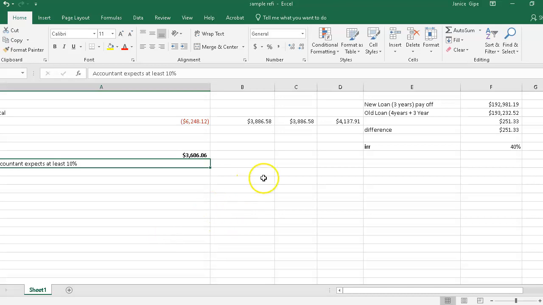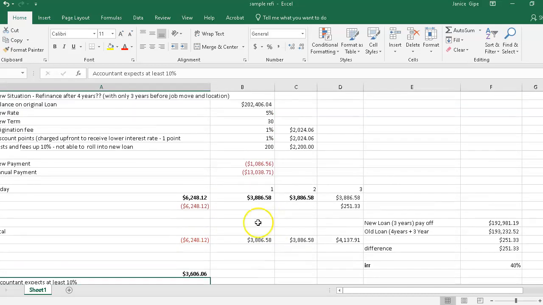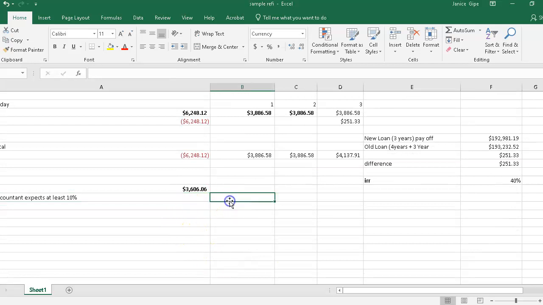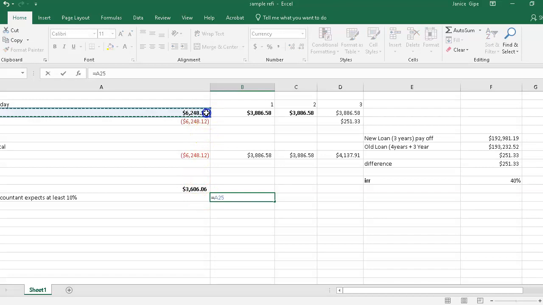So the amount that they're going to have to spend overall is the $6,248. So I'm going to look at that number times the 10% that he's expecting.